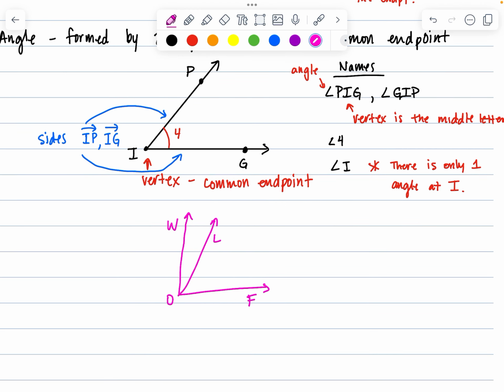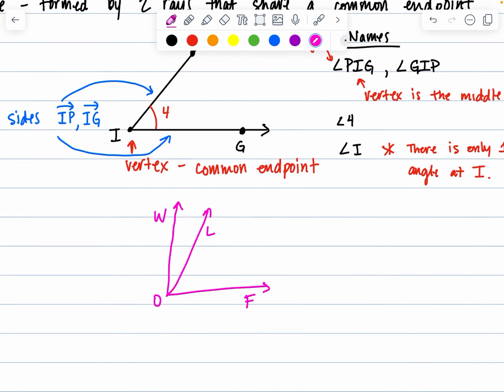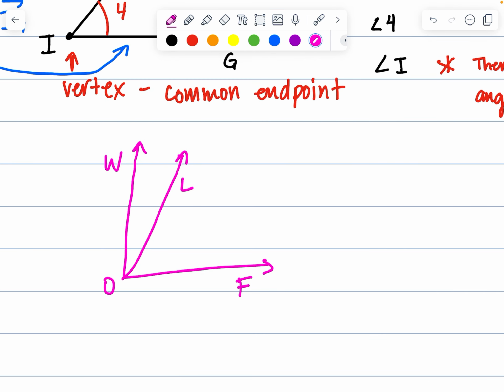Okay? There are actually a number of angles in this diagram. If you were to say that there are 2 angles, you're actually wrong. There's an angle here, WOL. There's an angle here, notice I'm using 2 tick markers for angles, LOF, and then there's actually the whole angle combination of the two, WOF. So there are actually 3 angles here.